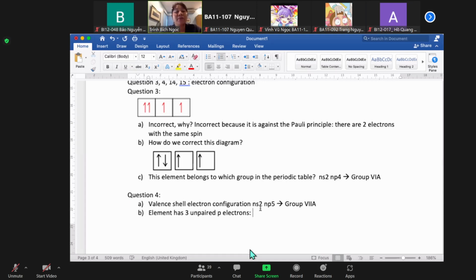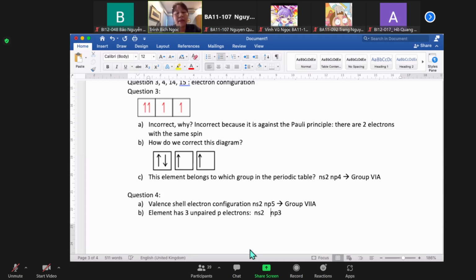Có 3 electron độc thân ở phân lớp P. Thế thì cấu hình valence shell electron configuration của nguyên tố này sẽ viết là thế nào ạ? Nếu nó có 3 electron độc thân ở phân lớp P, tôi cũng chưa biết ở lớp bao nhiêu, np3. Tôi điền tiếp ạ. np3 ns2.